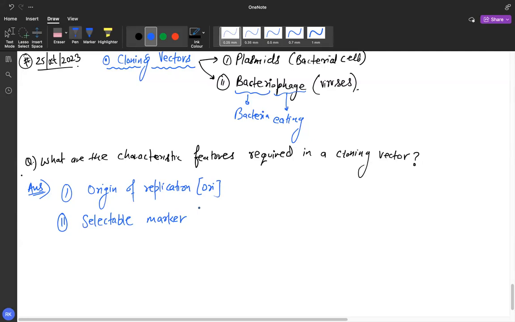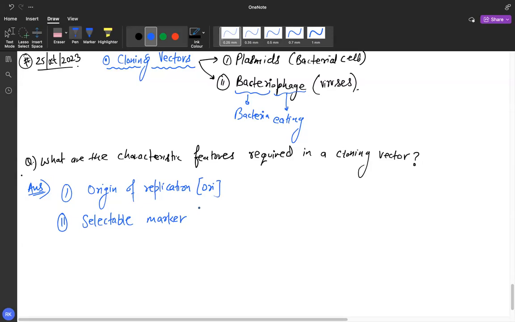Earlier, they were not able to survive in the presence of antibiotic. So now, after transformation, when I plate or culture these bacteria, I will add antibiotics. And if they still survive, this is a marker for me to know that all these bacteria have been transformed with my plasmid or my vector.